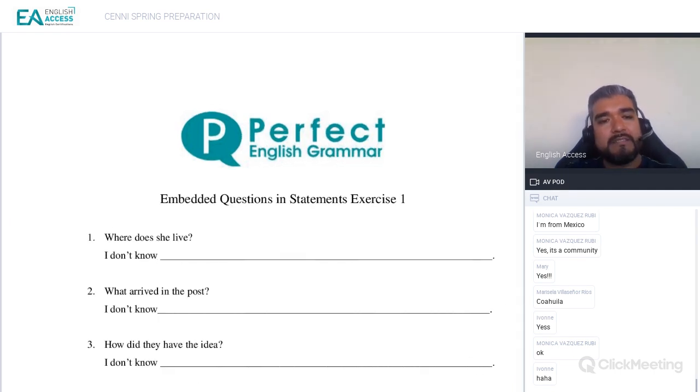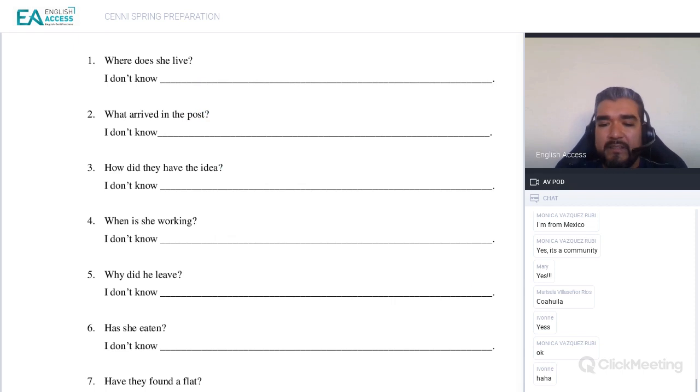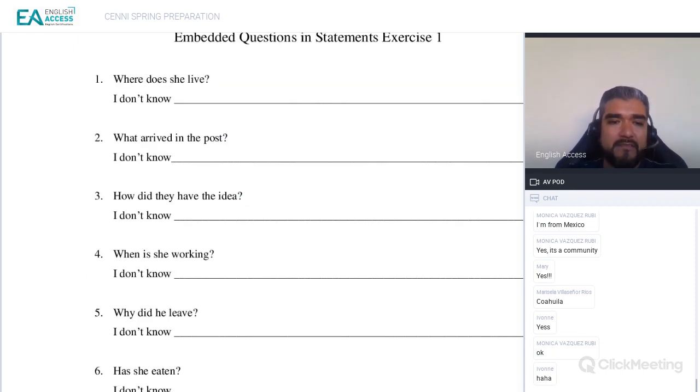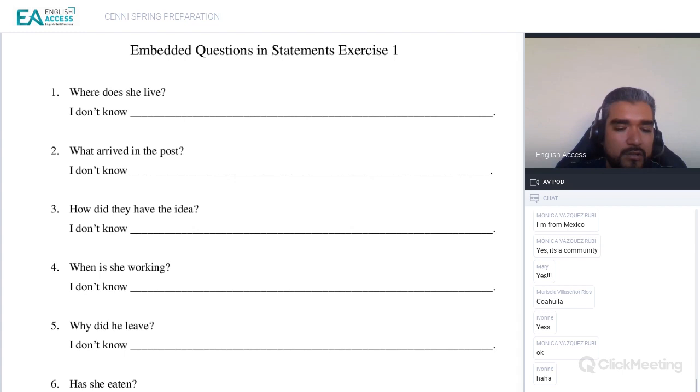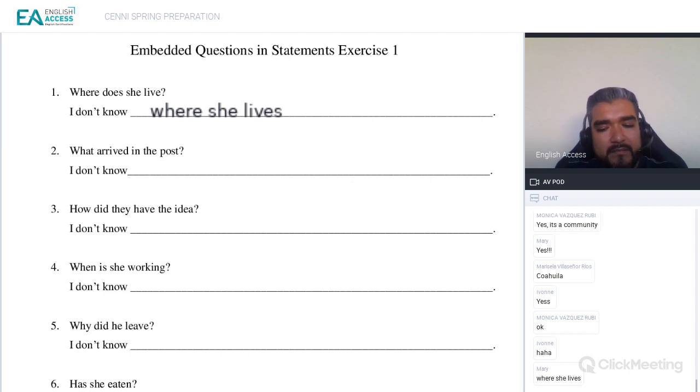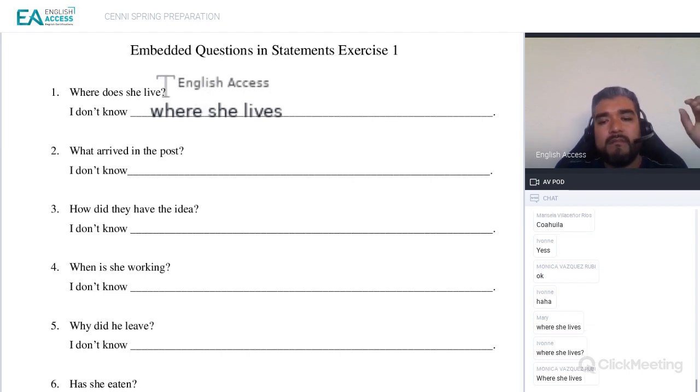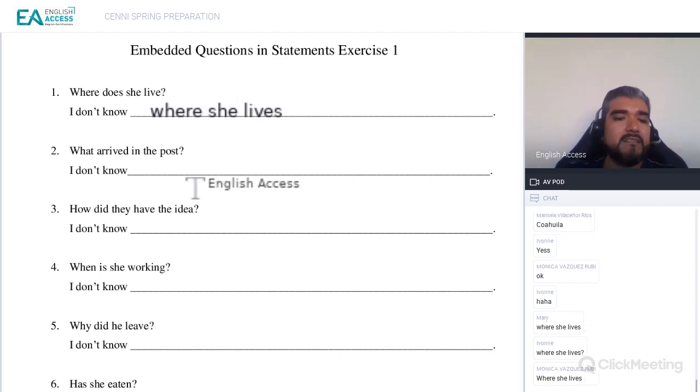It says embedded questions, and we have, where does she live? And it says I don't know. Well, as we said, this is like the first example. I don't know where she lives. Right? Excellent. What about number two?